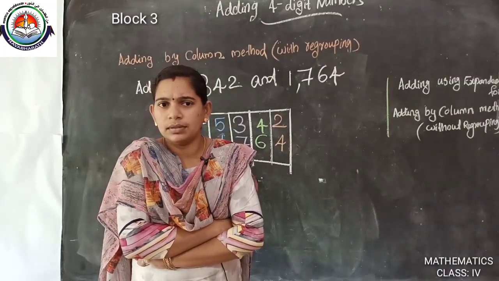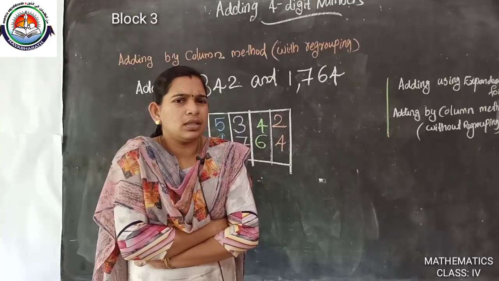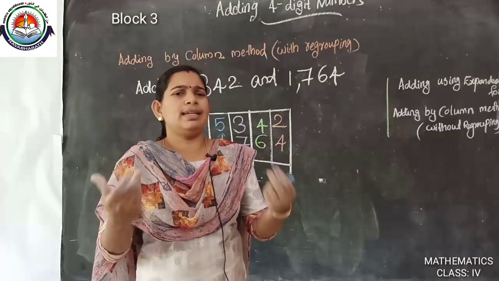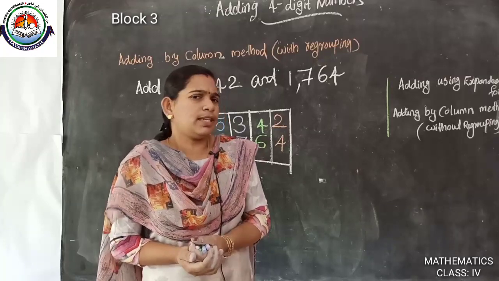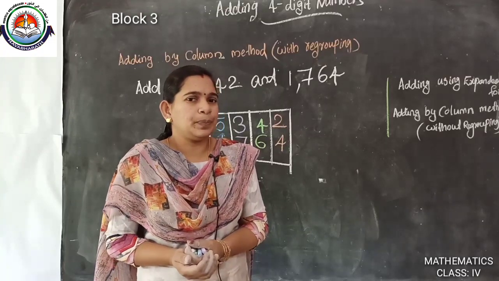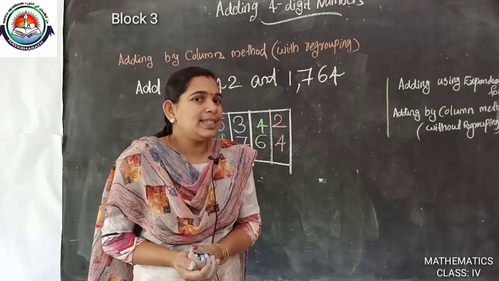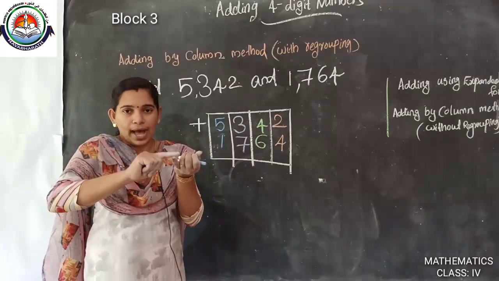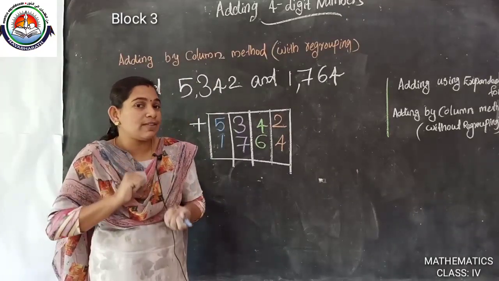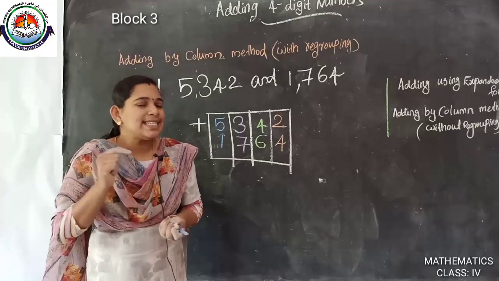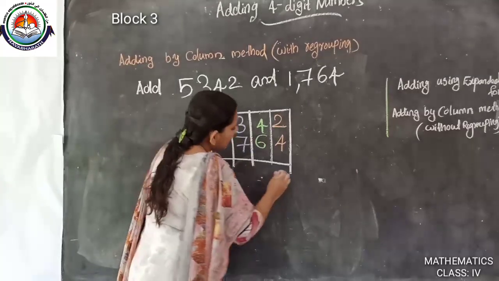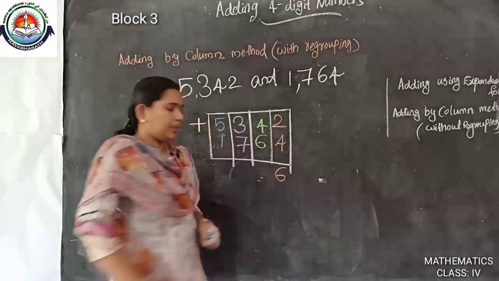Say it loudly. Why do you say it silently? What is the value of 2 plus 4? Very good. 4, 5, 6. 6. Okay, very good. We write 6 here.